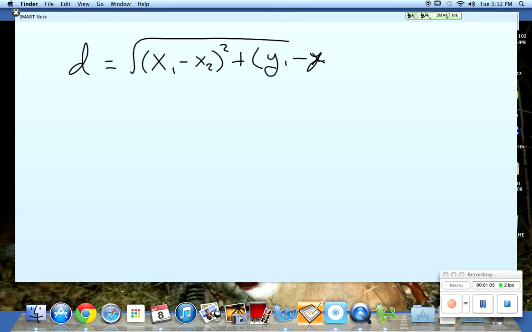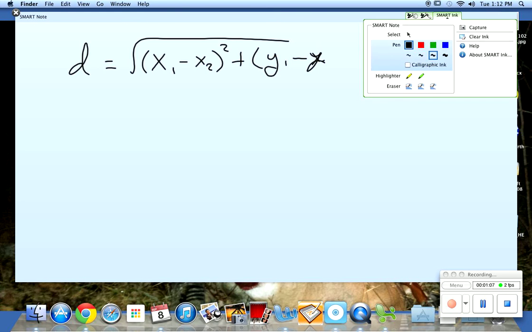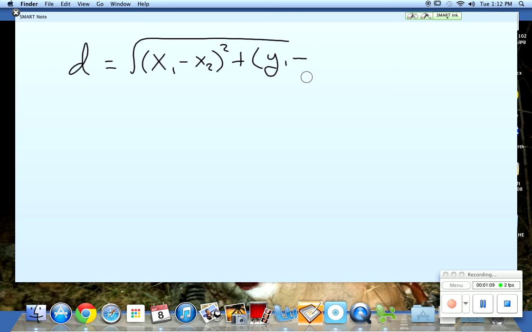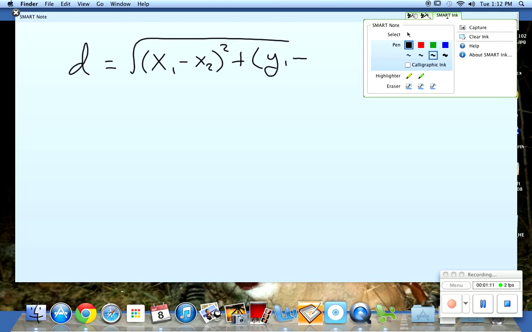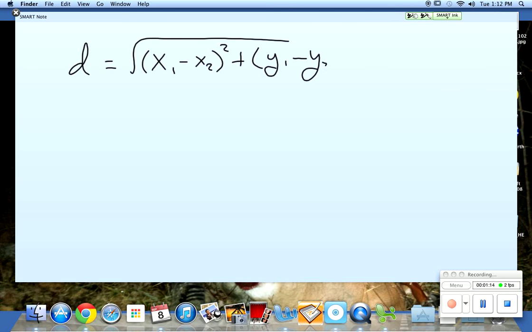Why? So I'm going to have to show you. If I subtract from one end to the other and it's positive, or I go the other way from this end to this one and make it negative, when I square it, what happens?